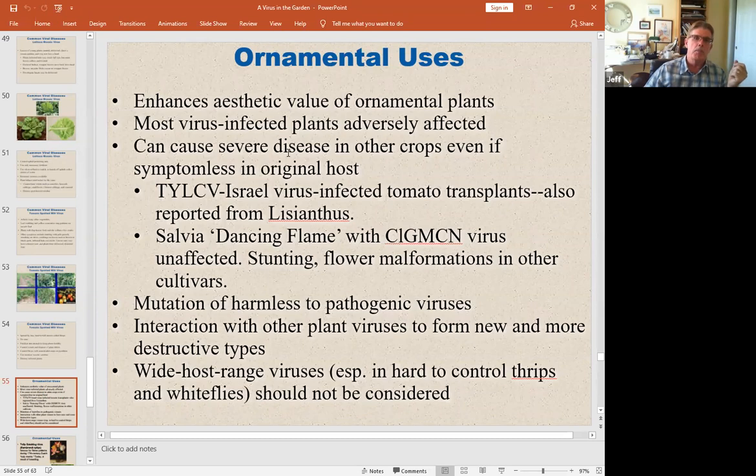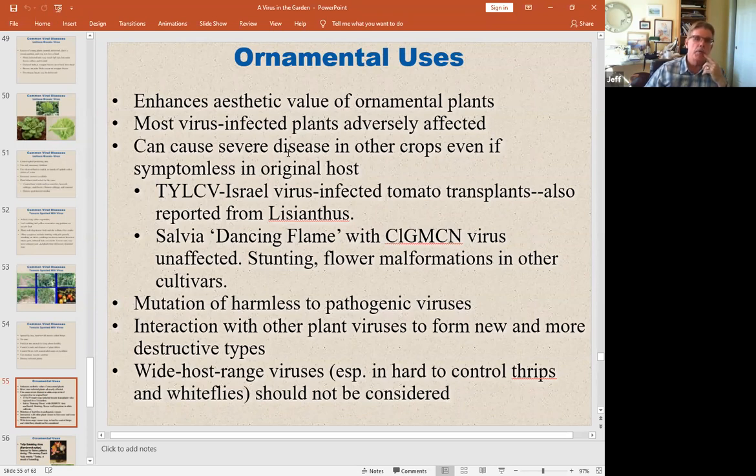So that's sort of like a Pyrrhic victory. The virus has already been transmitted. But in terms of floating row covers and reflective mulches and that sort of thing, they're perhaps more effective than sprays.